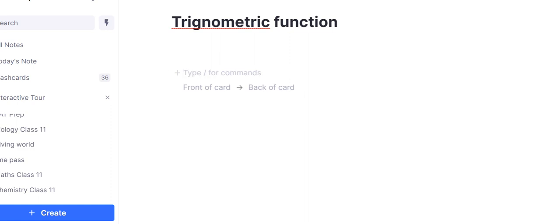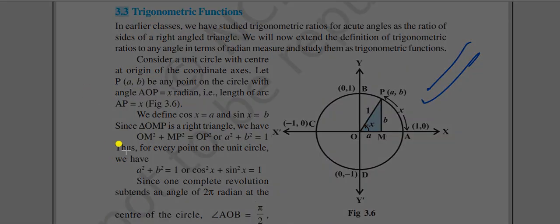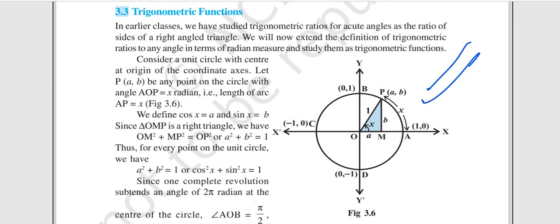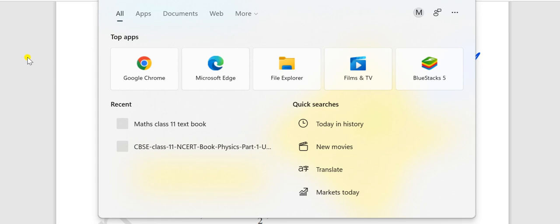So first we'll make, what we'll do is we'll highlight this.